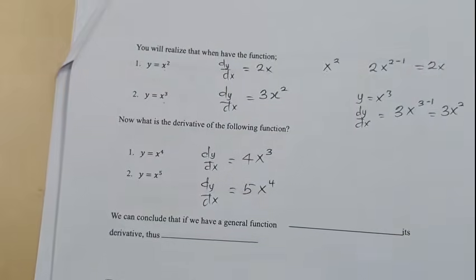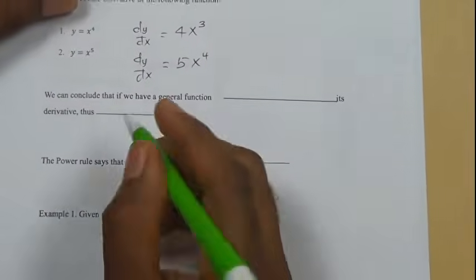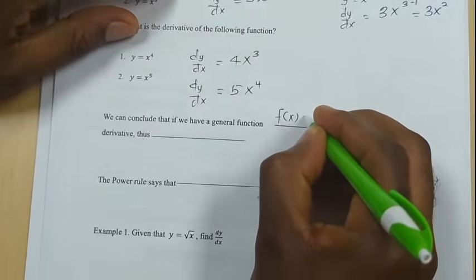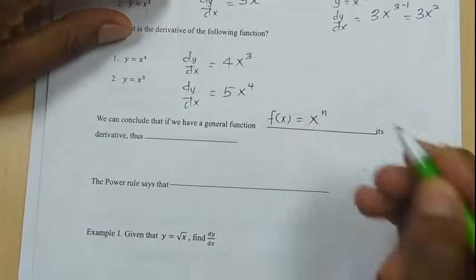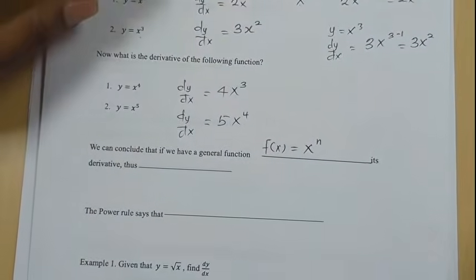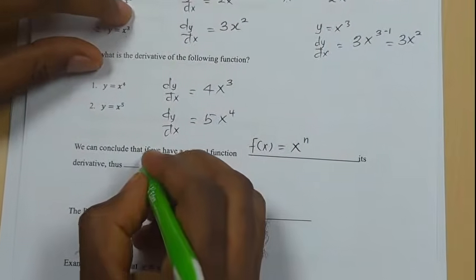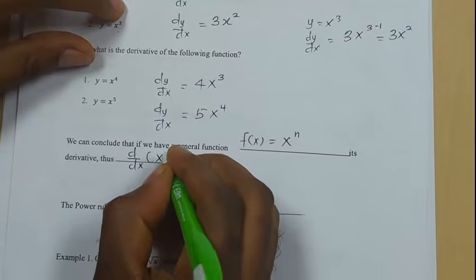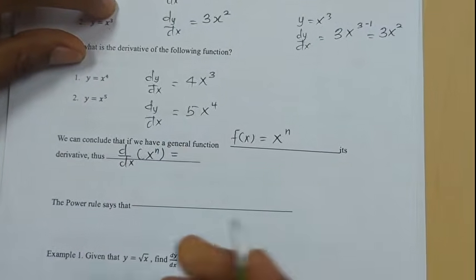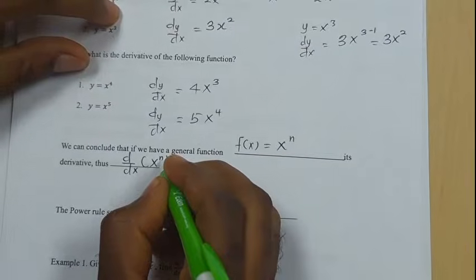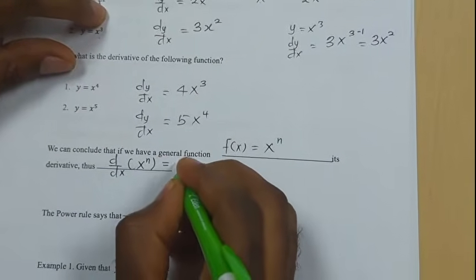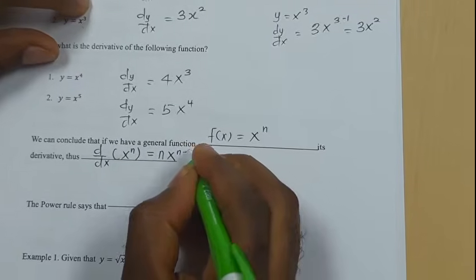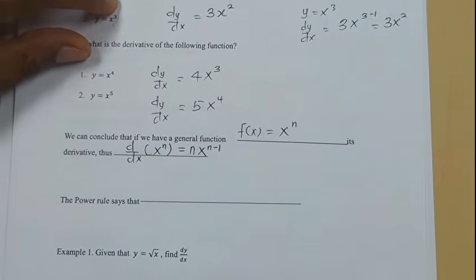That's excellent. So we can conclude that if we have a general function f of x equal to x exponent n, when n is constant, its derivative, that's d over dx of x exponent n, we said that you just drop the exponent to multiply the function, so we have n x exponent n, then we subtract 1 from the exponent.